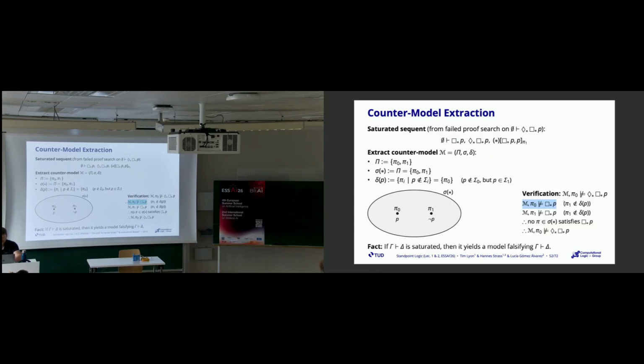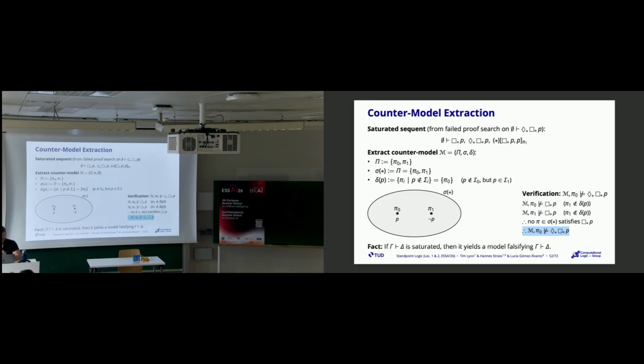The reason being that this formula is saying that everywhere inside of my model, P is true, but that's obviously not the case because P is false at pi 1. We also have that this formula is false at pi 1 because, again, it's saying that everywhere in my model, P is true, but that's not the case because of pi 1. Therefore, there is not a single precisification which satisfies this formula in this model, so we have that this formula is false in the model at pi naught.